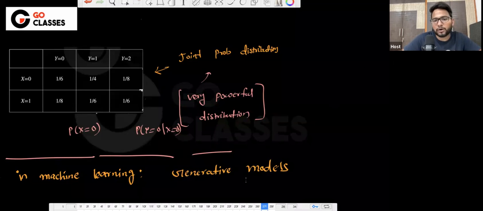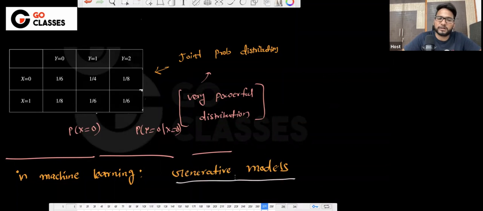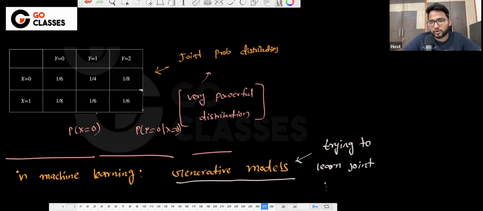This generative model is based on only one thing: they're trying to learn the joint probability distribution. So they can generate any kind of data. If you know the joint probability distribution, you can generate any kind of data.